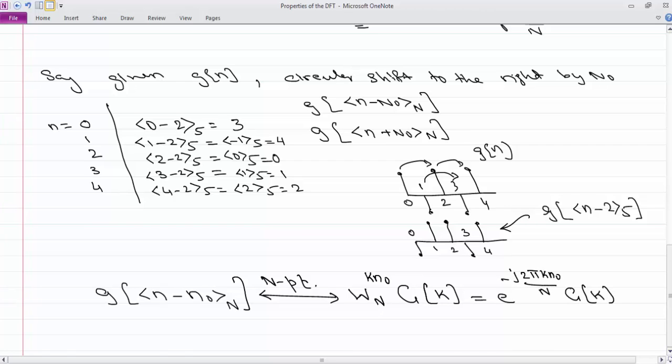Which means that in your original DFT, each index gets a phase shift of minus 2 pi k n naught over capital N.